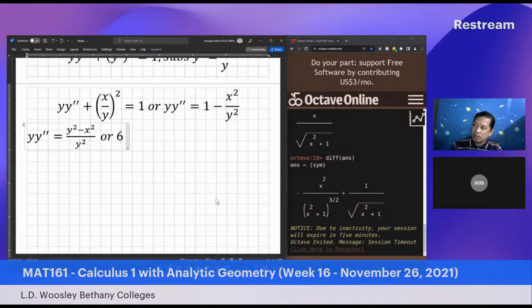Or, so y double prime is equal to, same thing, y squared minus x squared all over y cube. So, dinam ko na yung y dun sa kabila, sa ano. Pwede na palang, teka, pwede na palang wala.